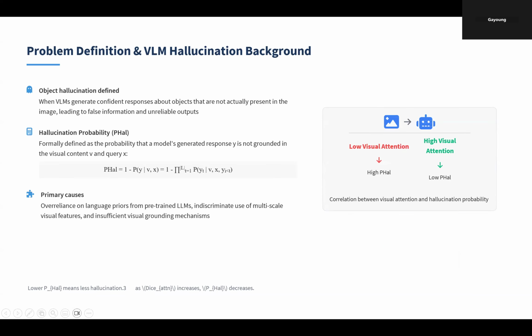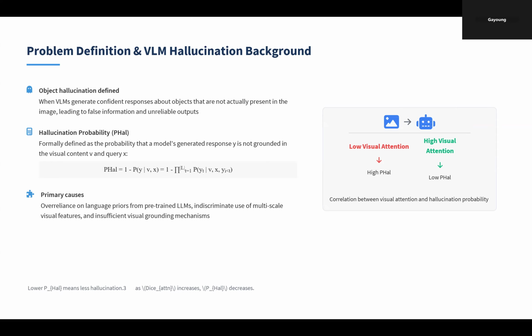What we are going to do is define the hallucination probability, which is defined as 1 minus p, the conditional probability of y given v and x, which is the probability of y, the response, based on the visual content and query.